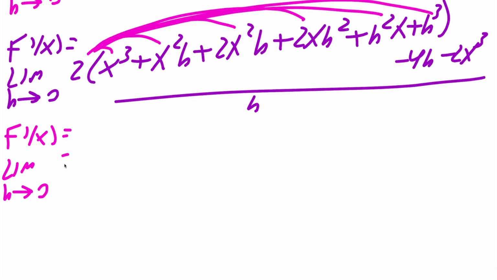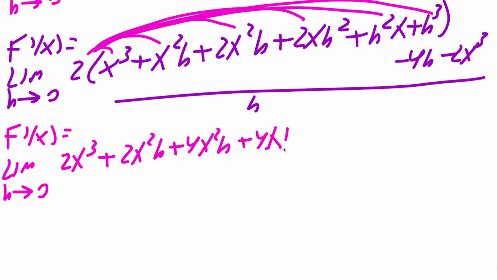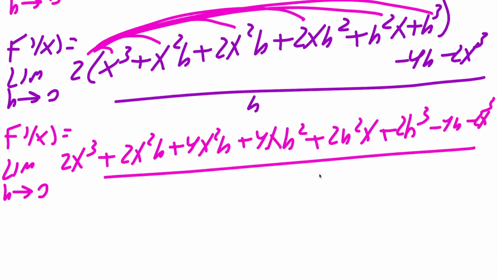So we're going to get 2x cubed because of this. 2 times x squared h would give us plus 2x squared h. 2 times 2 gives us 4, so 4x squared h. 2 times 2xh squared would give us 4xh squared. 2 times h squared x would give us 2h squared x, and 2 times h cubed would give us 2h cubed. And then we still have this piece, so minus 4h minus 2x cubed divided by h.